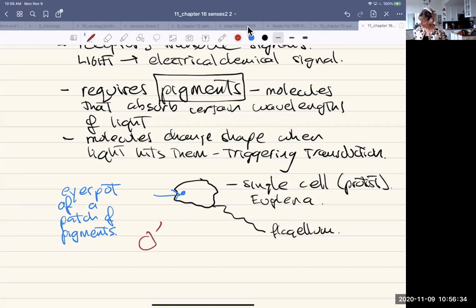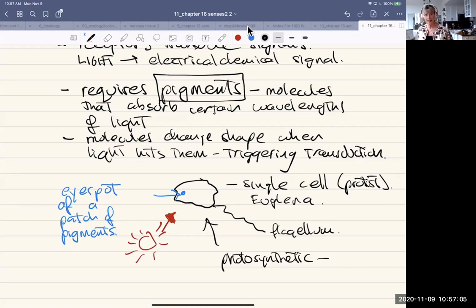So if light is coming to it in this direction, well, seeing as how this is a photosynthetic organism, do you think it will move away from light or toward the light?